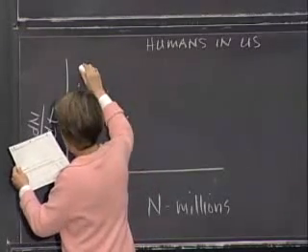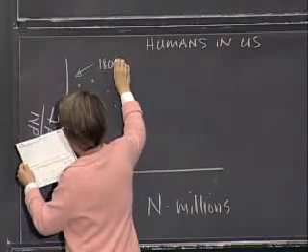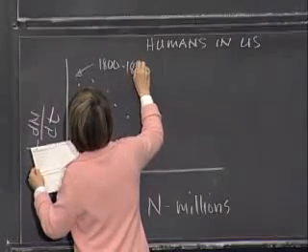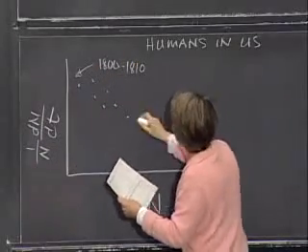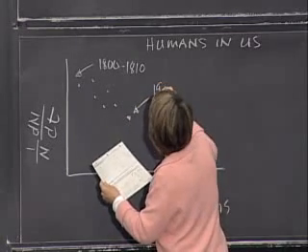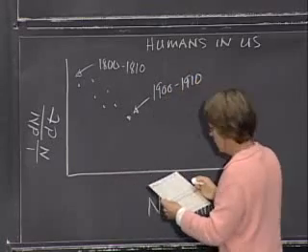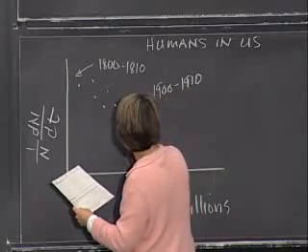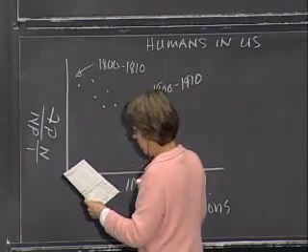This is 1800 to 1810. So they had data points for different intervals. And their last point here was 1900 to 1910, an average of the population size. And so they projected down here, there were 100 million people then.